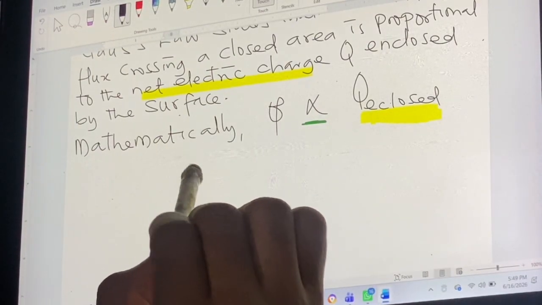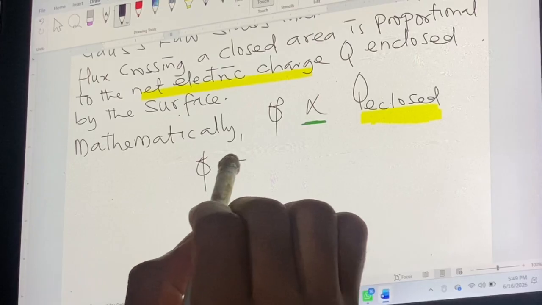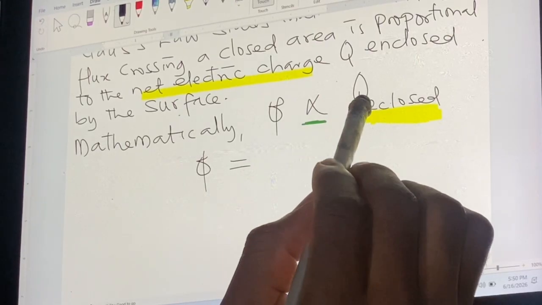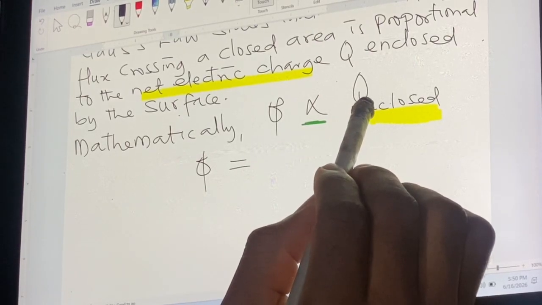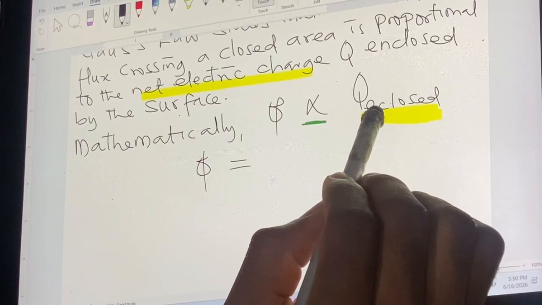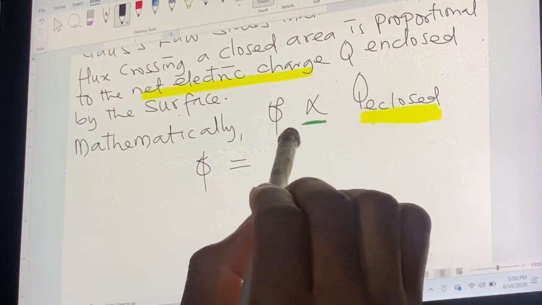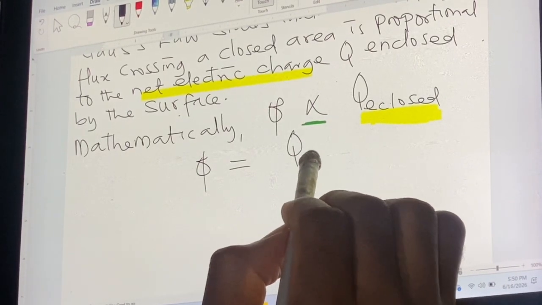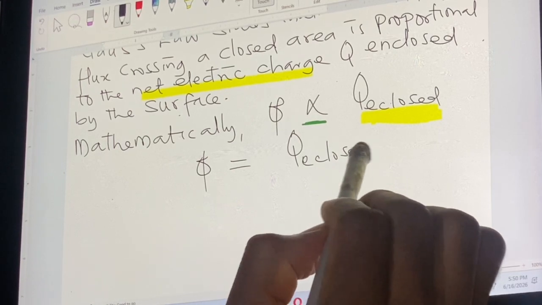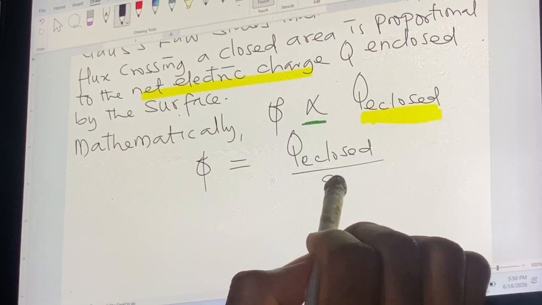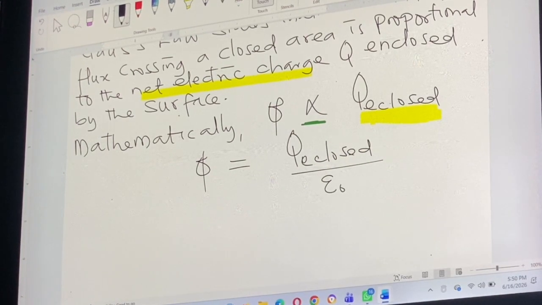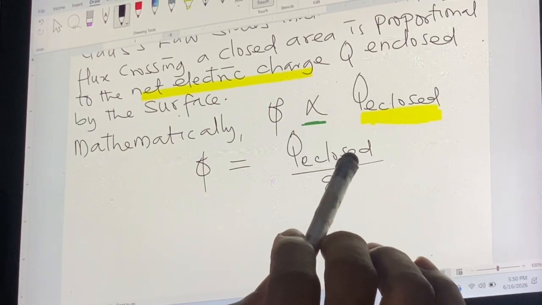So phi, which is electric flux, will be equal to, at this point, the constant here is the inverse of epsilon naught. So this is going to be Q enclosed over epsilon naught. Please take note. Q enclosed over epsilon naught.